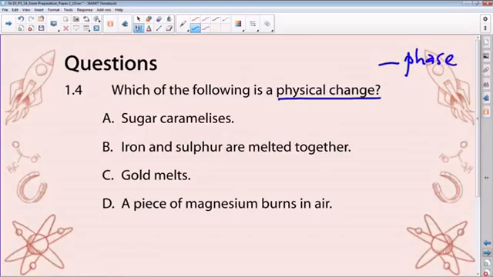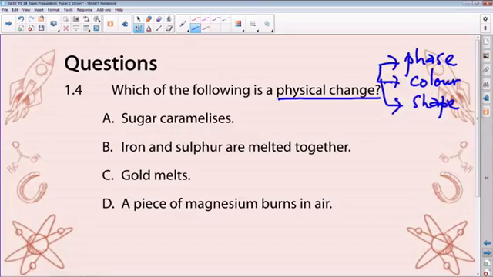It could be a color change. It could also be a change of shape of a material. So we would refer to this as a physical change. In other words, a physical change can happen in one of three ways, right?